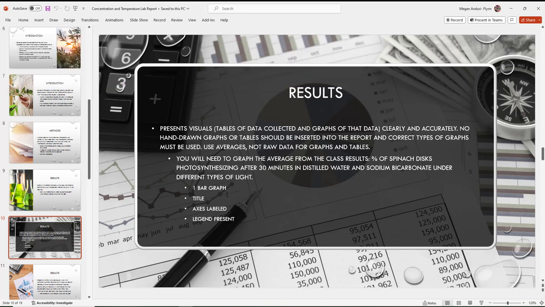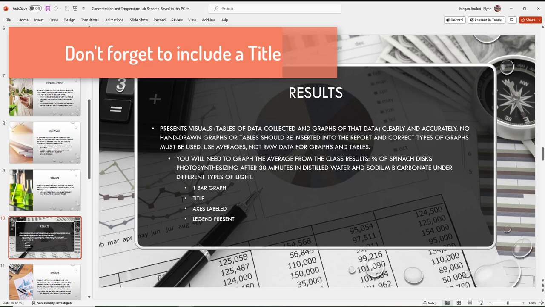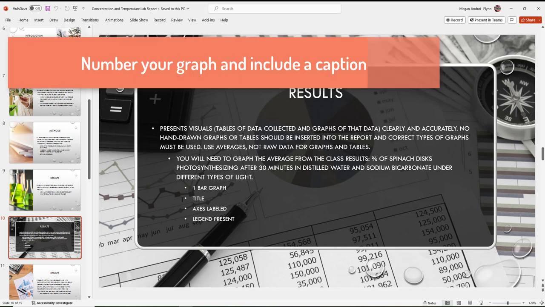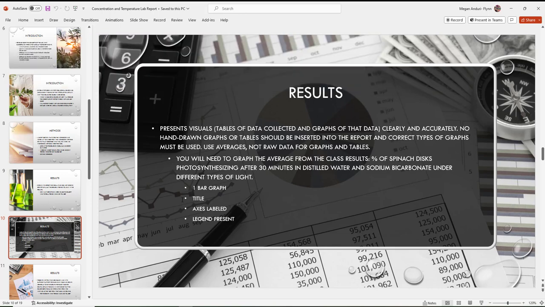And then just make sure that we can distinguish the distilled water bars from the sodium bicarbonate bars, so you'll have a legend present. Okay. So all of that will be in one single graph. Make sure there's a title to your graph. And then you'll want to label it. So you can label it as graph number 1 or figure number 1, whatever you want, because you'll be referring to it later.